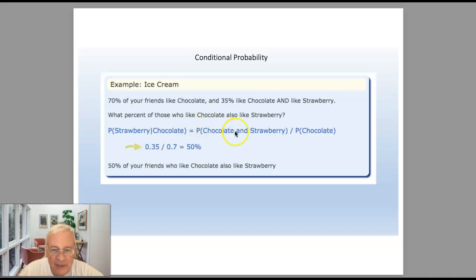That's equal to the probability that they both happened divided by the probability of chocolate, which is what they gave you right here. It's 0.35 divided by 0.7. When you do this, don't use percentages. Use the decimals when you're calculating this. We end up with 50%. That's 50% of your friends who already like chocolate also like strawberry.